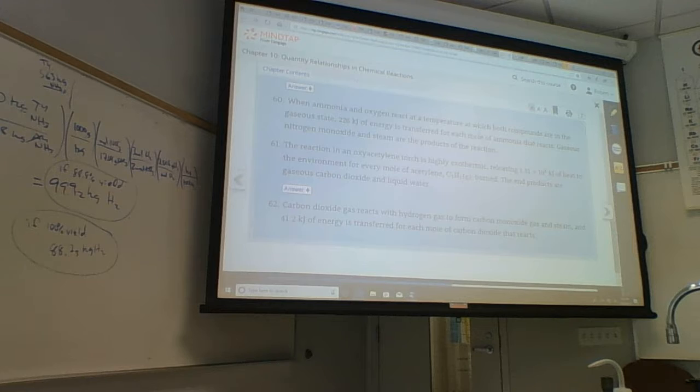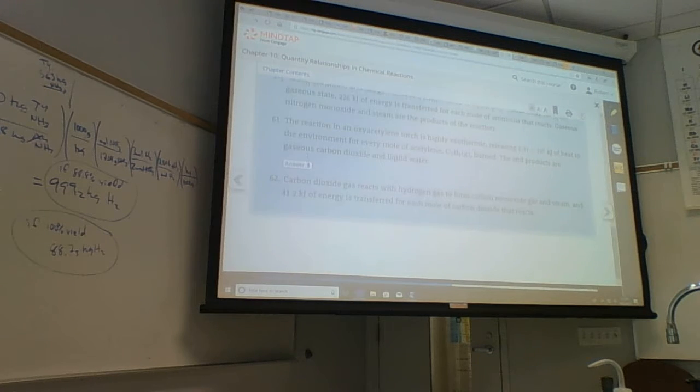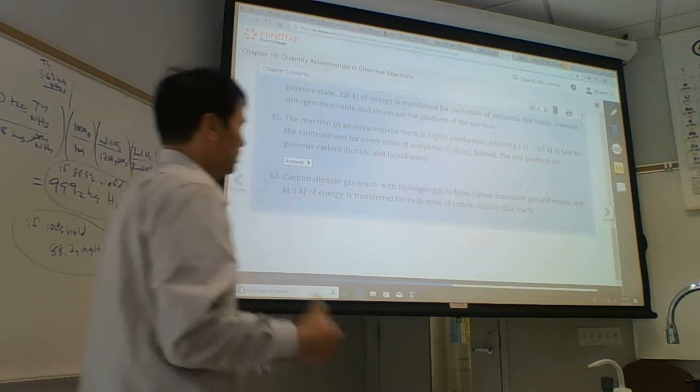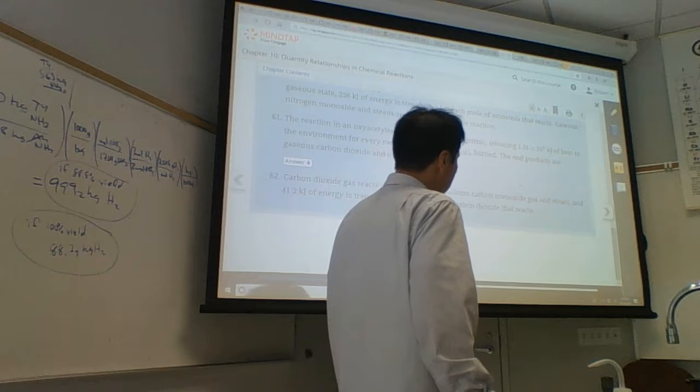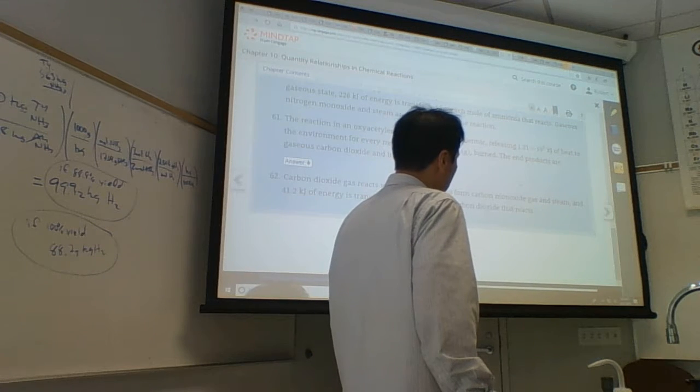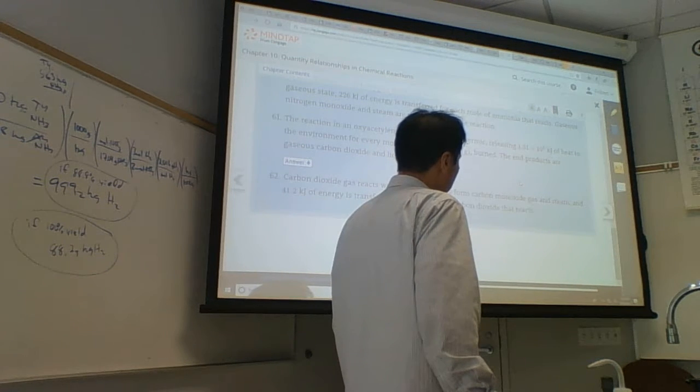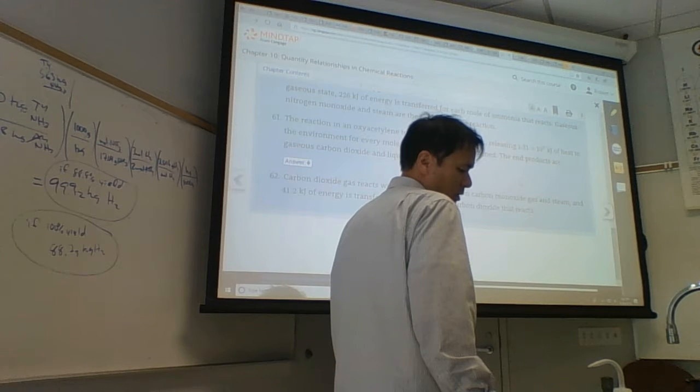For an exothermic reaction it would be the opposite, problem 61. The reaction of an oxyacetylene torch is highly exothermic, releasing 1.31 times 10 to the third kilojoules. Note they didn't say releasing negative 1.31, because there's no such thing as negative energy. So you aren't going to release negative energy.